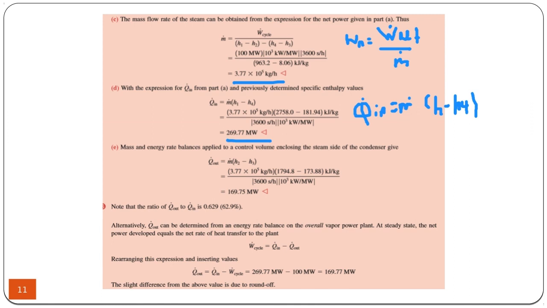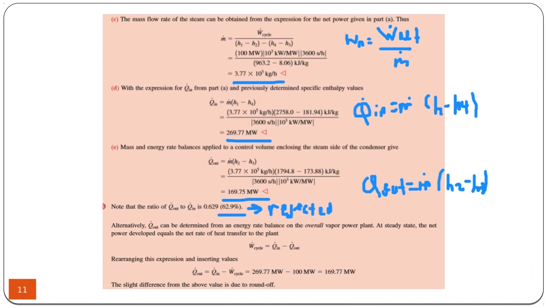And the rejected heat at the condenser, Q out, uses the same mass flow rate of the vapor, but this time we are going to use the enthalpy differences h2 minus h3. So you can see that the ratio of the Q out to Q in is 72%. So 73% is rejected. This part is rejected because it's necessary by the second law of thermodynamics.